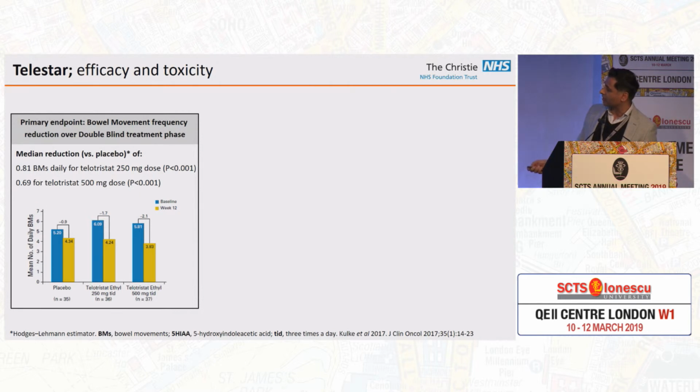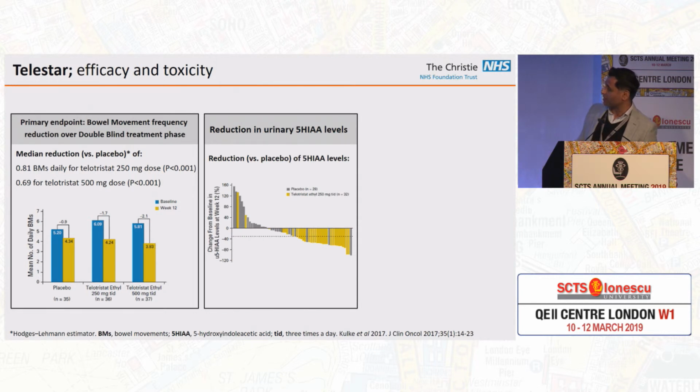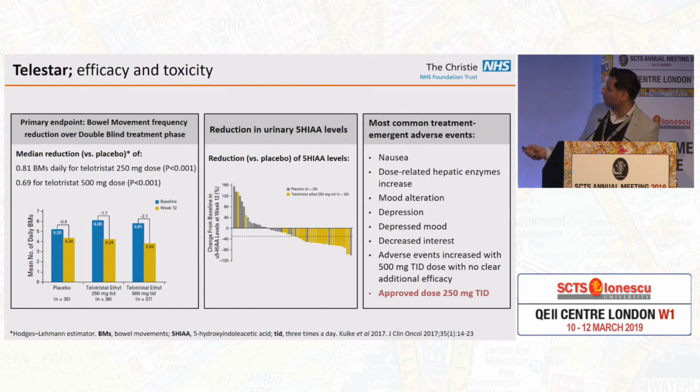You can see that there was a positive result, so the telotristat was helping control bowel movement much better. There's a reduction in the urinary 5-HIAA control, which is a surrogate of the serotonin that's being produced by the body. And it was well tolerated as long as you kept it at a dose of 250 milligrams.